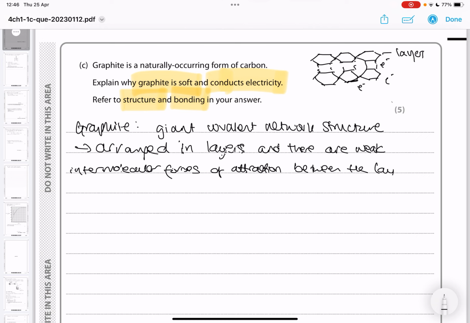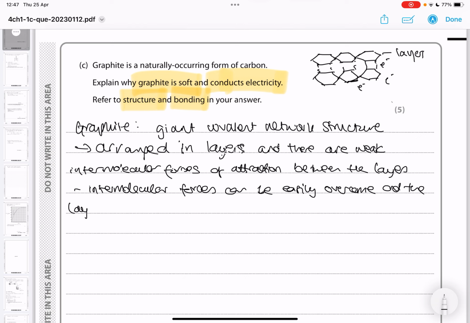And as a result, because they're very weak, the intermolecular forces can be easily overcome and the layers can slide past each other. And since the layers can slide past each other, it means that graphite is soft, okay? That means that graphite is very soft.